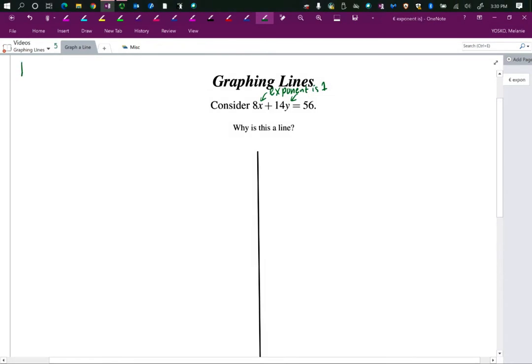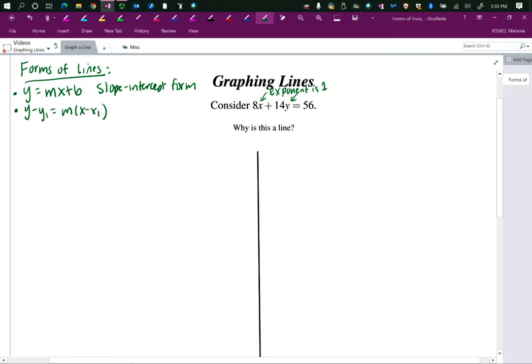So let's think about the forms of lines that we know, the typical ways we see them written. One of the first ones we look at is written in y equals mx plus b form, and it's called slope-intercept form. Then we have y minus y1 equals m times x minus x1.